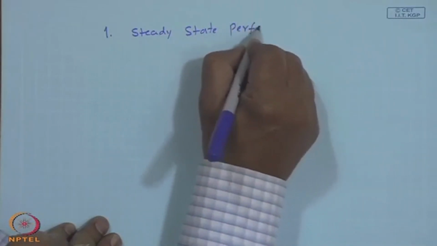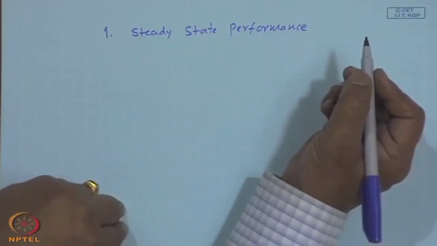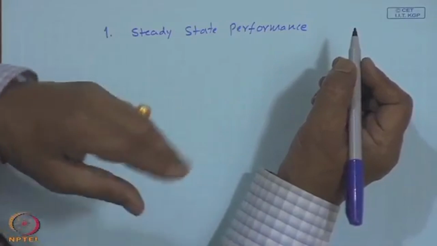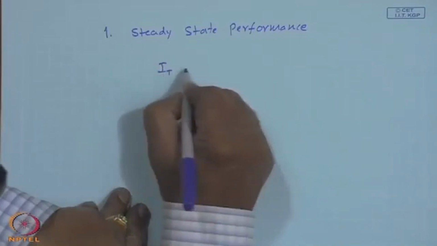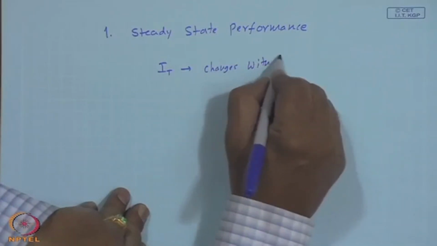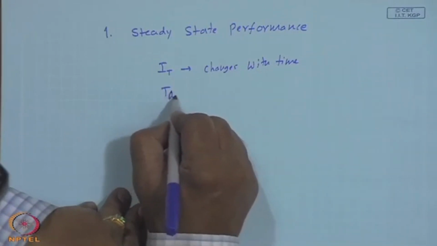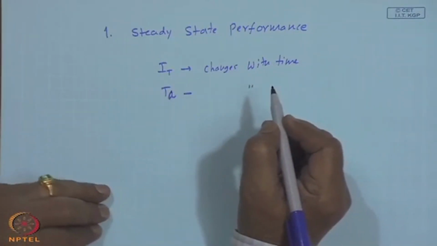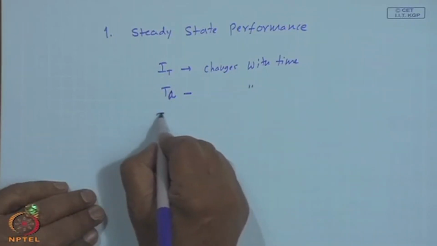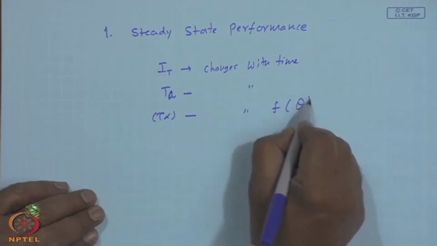We are going to obtain the performance of a solar collector, liquid based for the time being, under steady state conditions, which means things do not change with time. But we know, for example, IT changes with time, and then you have TA, the ambient temperature, also changing with time, and even tau alpha changes with time, being a function of angle of incidence.